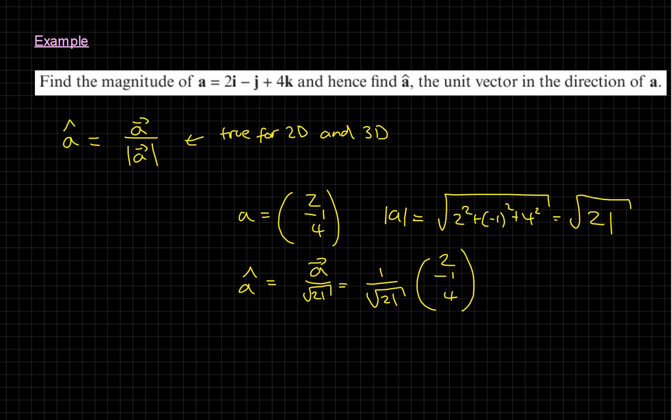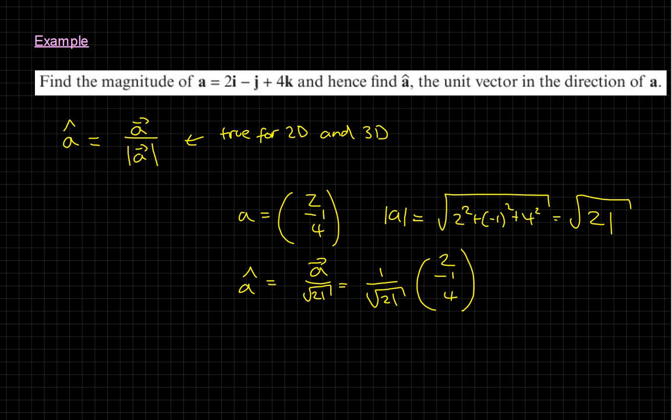And you could then, I suppose, put 1 over root 21 inside each of these values here. So you could say it's 2 over root 21, minus 1 over root 21, 4 over root 21, but there's no point because you've got a common factor, quite a complicated common factor, so why not keep it on the outside? So that is effectively your final form.